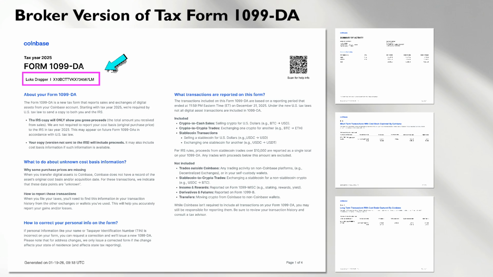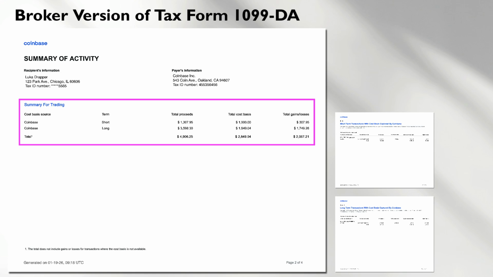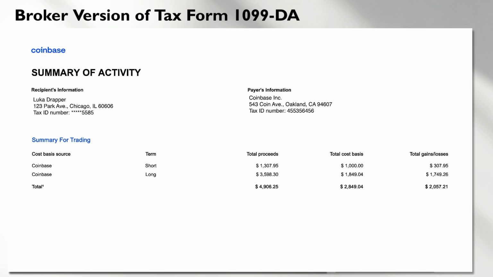At the top, you will see the recipient's name and account number. Under the Summary of Activities section, you will see the taxpayer and payer information, along with a summary of transactions. The report shows whether the cost basis was provided by the broker or by the user. It also separates short-term and long-term transactions.